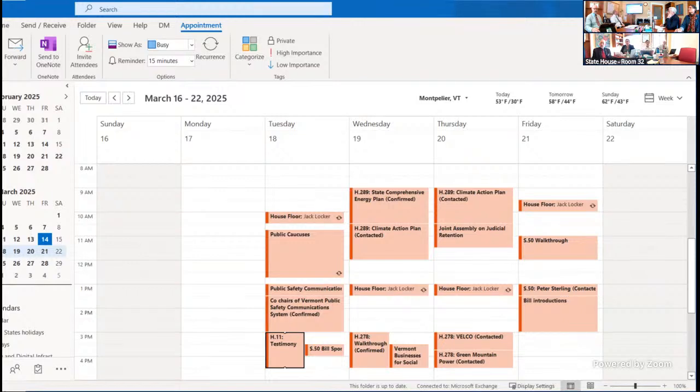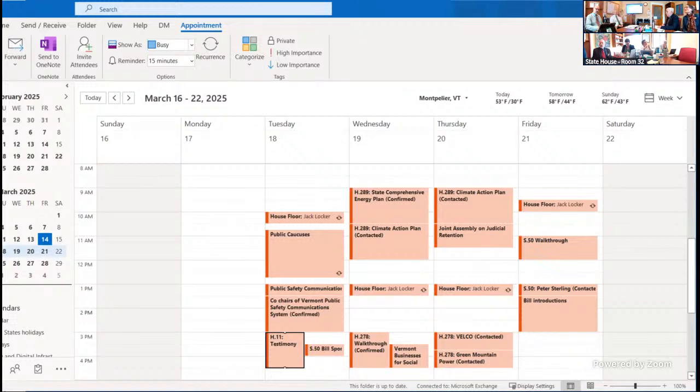The big cliffhanger, and I don't know how closely folks are following what's going on in the Senate, is that the Senate has been taking quite a bit of testimony on S65. And that started its life as a companion bill to H196, the Efficiency Vermont bill.